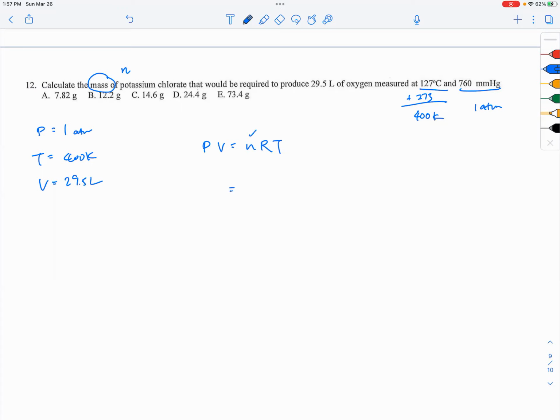So you find out the n from PV = nRT. You have 1 ATM times 29.5 liters. You don't know what the moles is, but you can find out in a moment. The R is 0.0821 ATM liters over mole K, and then the temperature is 400 K. So moles is equal to 29.5 divided by 0.0821, and then also divide by 400.